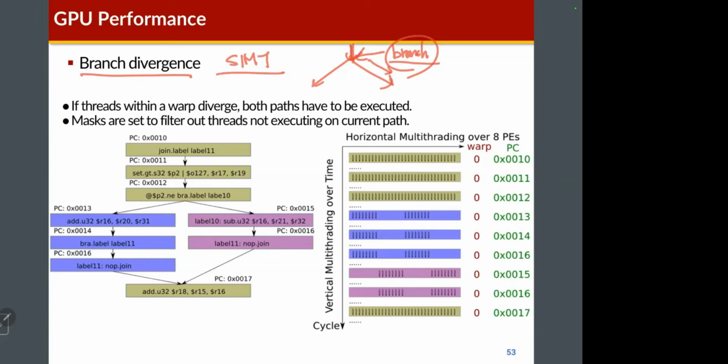And what is the issue? Performance. If GPU applications include many diverse branch instructions, then we cannot get the peak performance of the GPU hardware, right?